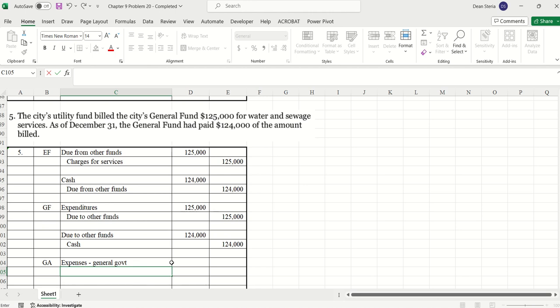Expenses, general government, and then we're going to have our internal balances. And that is for the 125 expenses, general governmental, internal balances, 125, 126.